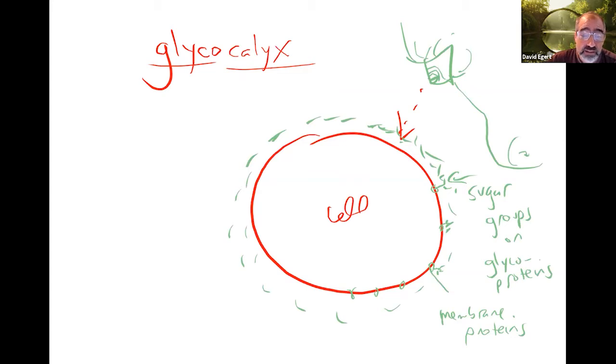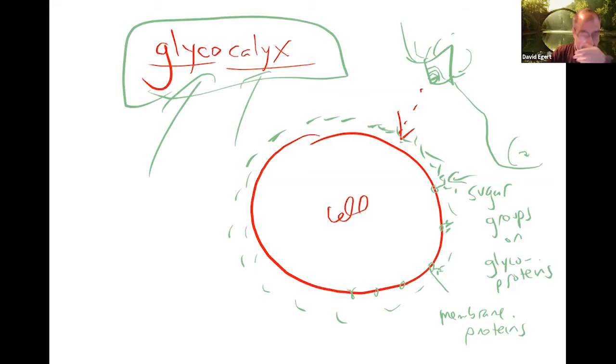It's that bunch of carbohydrate groups that are part of the glycoproteins that you actually encounter as you look at the outside of a cell from all of these membrane proteins. And again, some of it has to do with cell identification and things like that. But that's what this word glycocalyx means. It just means the sugar coating on the cell due to the carbohydrate groups on the glycoproteins that are these membrane proteins.